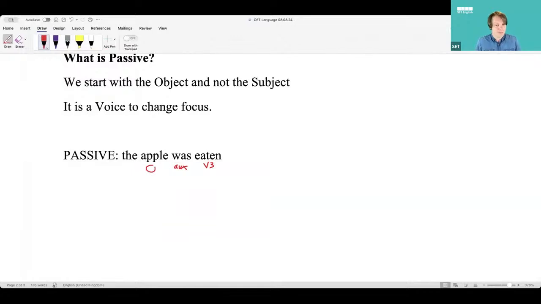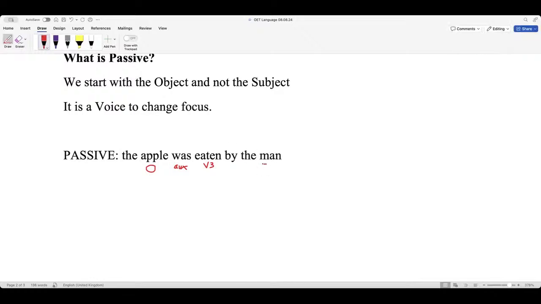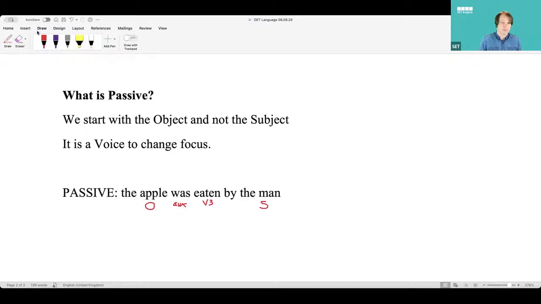Oh, guys, if I say "by the man," what's happening here? What is this? It's the subject. The man is doing the action. So today is an introduction to passive.